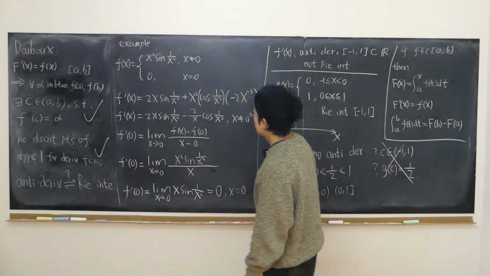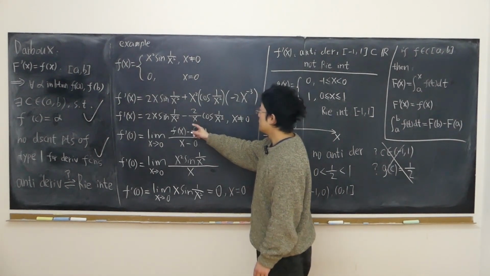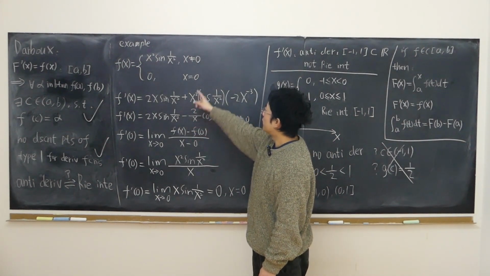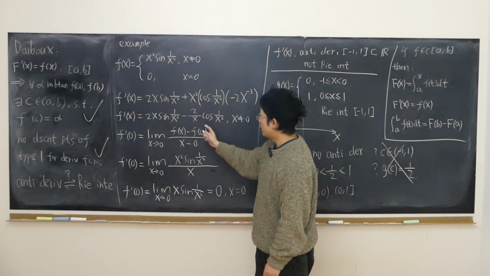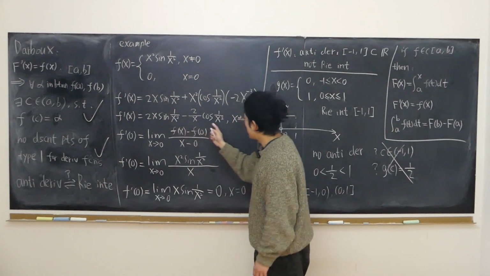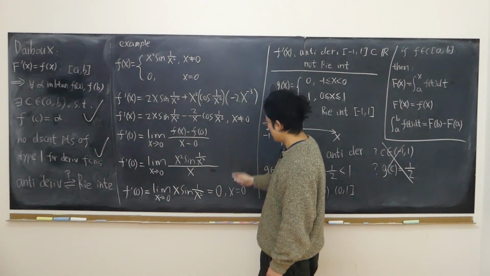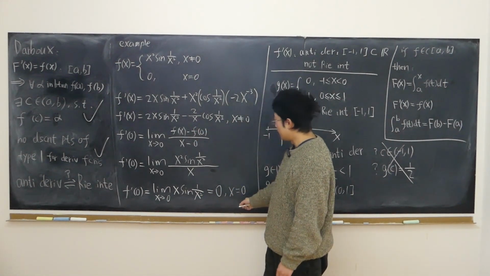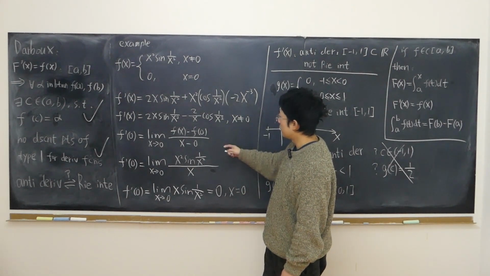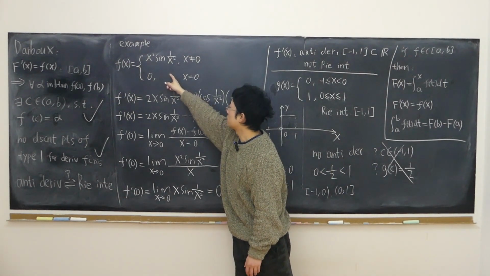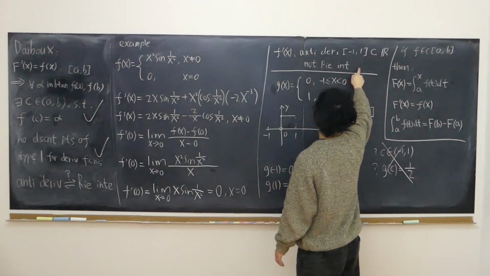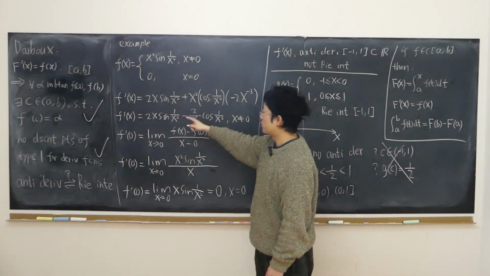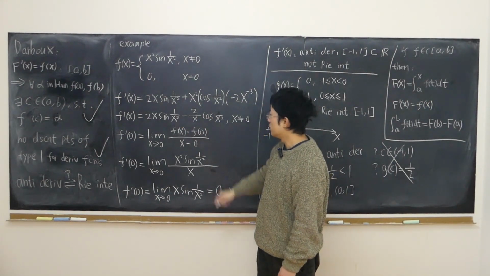And also, my previous first example, where a function has antiderivative, is given by this expression when x is not equal to 0, and given by 0 when x is equal to 0. Yes, it does have antiderivative, but it is not Riemann integrable, simply because the function has a problematic point at 0.